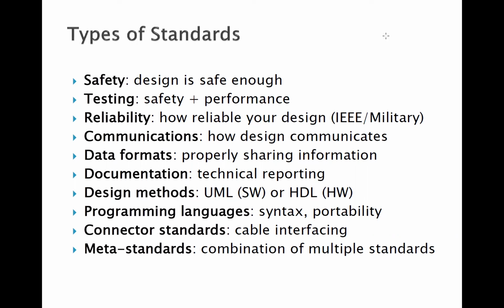Safety, as we can understand, the design should be safe enough, and there may be some standards related to safety, and we have to identify those safety standards, and then we have to satisfy those safety standards while we are designing our system.